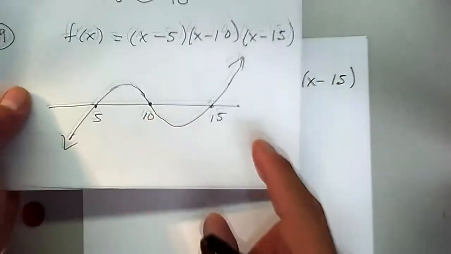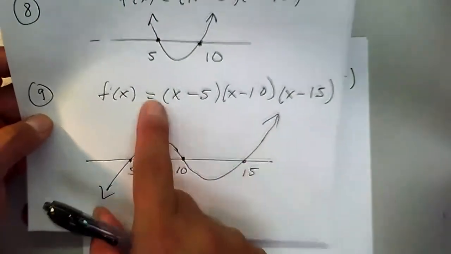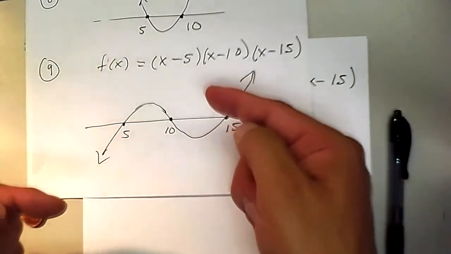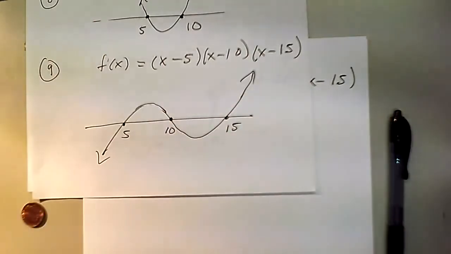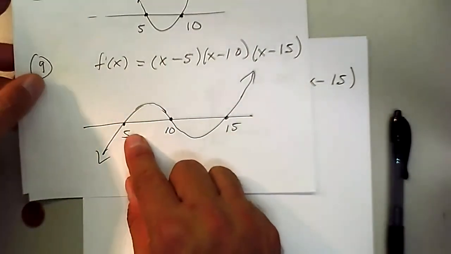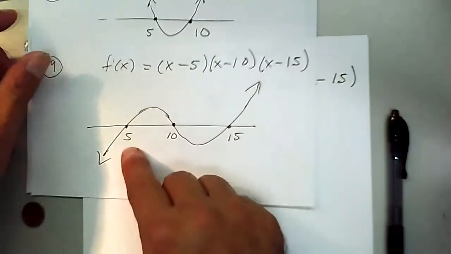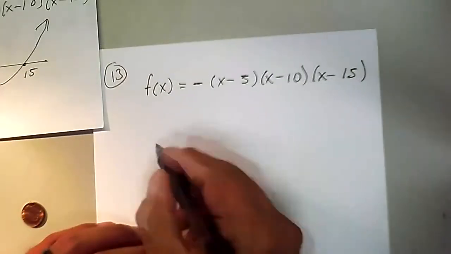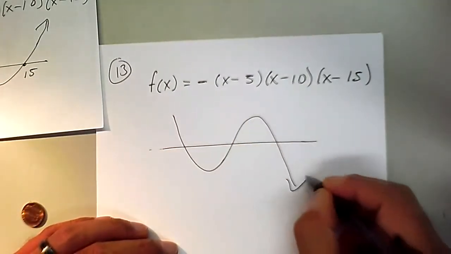So remember what the negative does? We had a video on the transformations of functions. If you put a negative in front of an already existing function, it reflects the function over the x-axis. So we have the same exact picture, but we have to flip it the other way. We don't see through the paper, but it's going to flip. So the picture is going to do this instead.